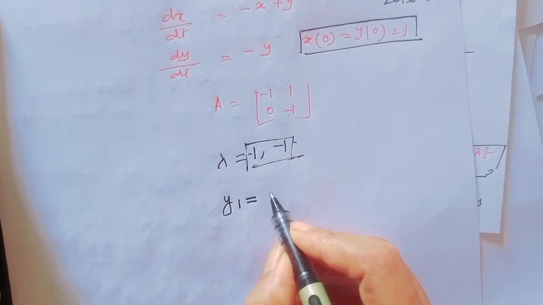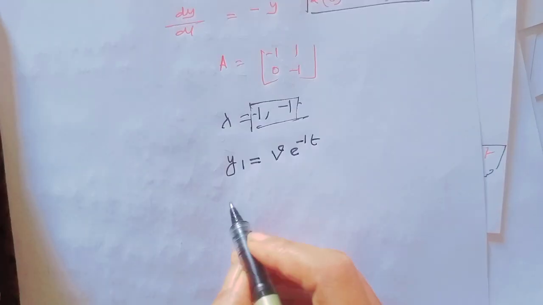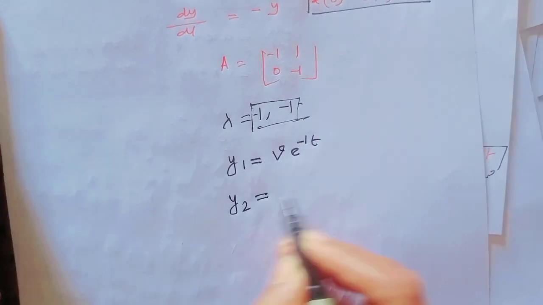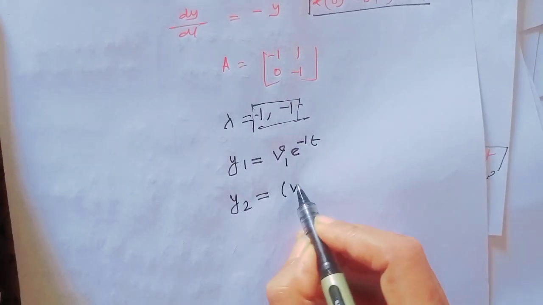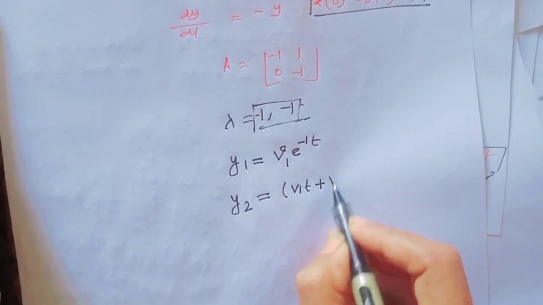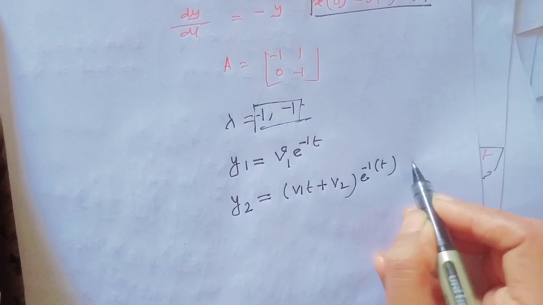y1 equal to v1 e to the power minus 1t and y2 equal to (v1 t plus v2) e to the power minus 1 times t.